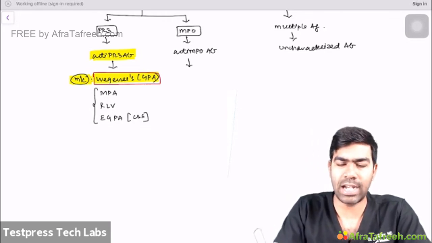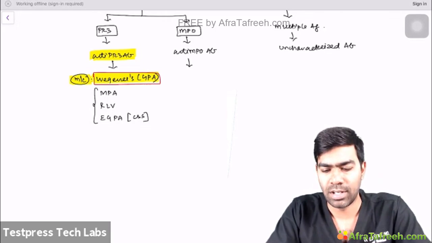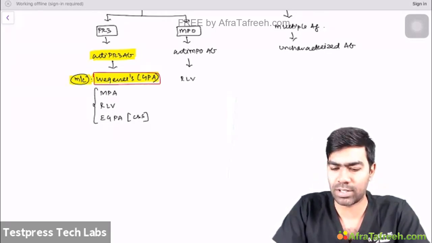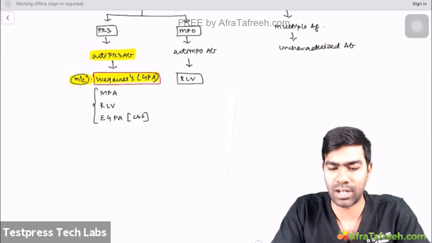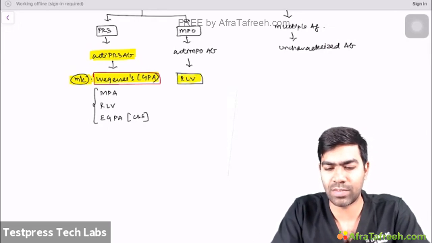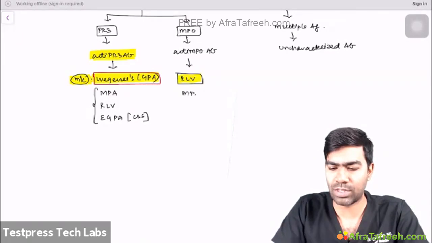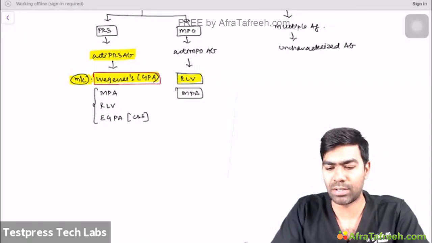Similarly, as far as the anti-MPO antibody is concerned, the highest association with the anti-myeloperoxidase antibody is the renal limited vasculitis. That is where the highest association is there, which means it's a small vessel vasculitis of the kidney glomerular vessels alone. Apart from that, you can have a substantial association with MPA, that is microscopic polyangiitis.